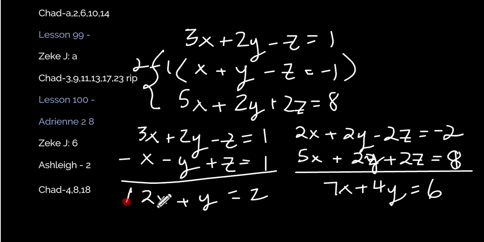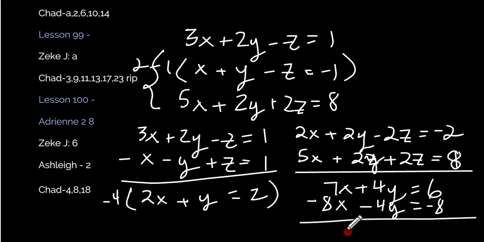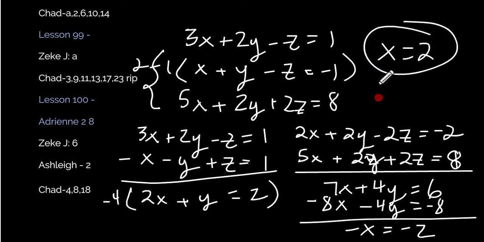So I'm going to take this one times -4, and I'm going to add it to this one, -8x minus 4y equals -8. So we get -x equals -2, and we get x equals 2. And then you can go back and plug these in. Start just by putting the x in there and getting y, and then putting the y and x into one of these and get z.